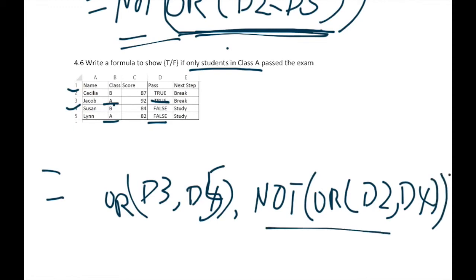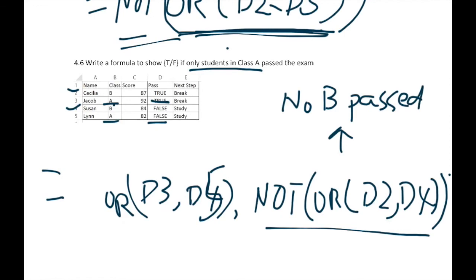So this part means no B students passed the exam. And here means at least one in A passed the exam.